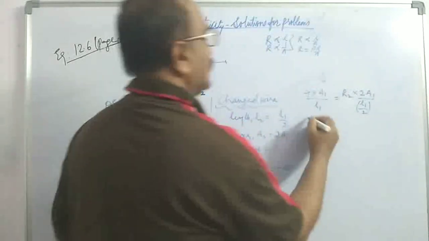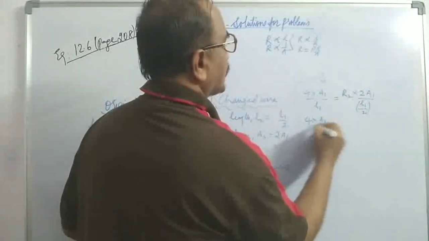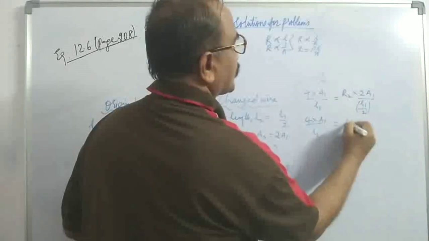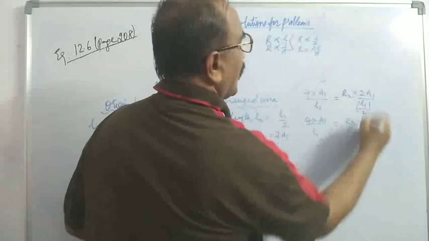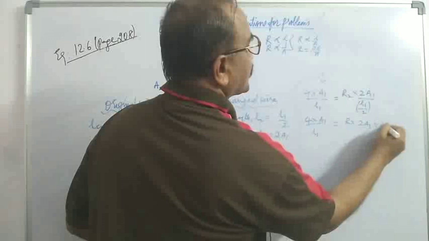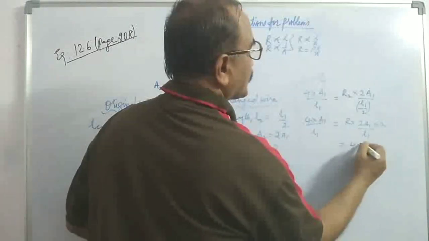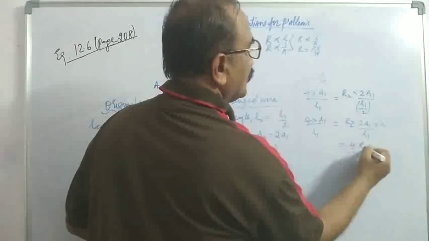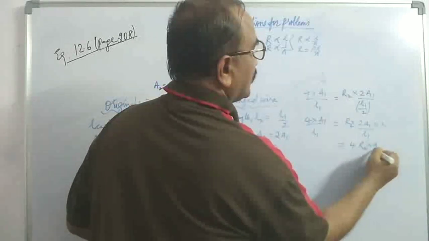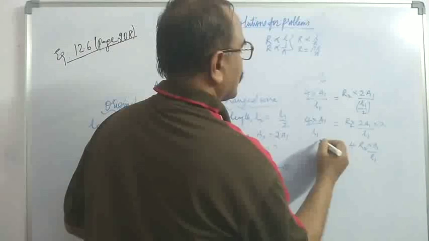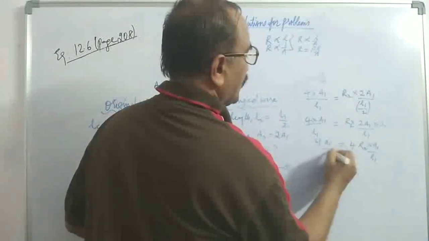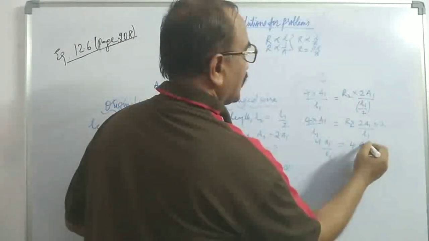So I'll write this as 4 times A1 by L1 equal to R2 into 2A1 times 2 divided by L1. So that will be equal to 4 times R2 into A1 divided by L1.